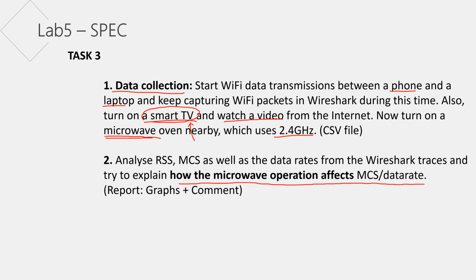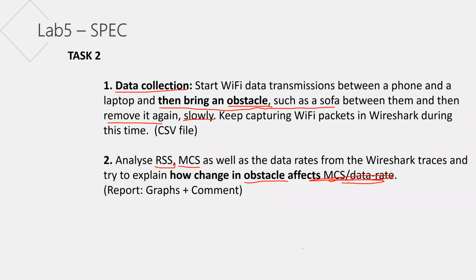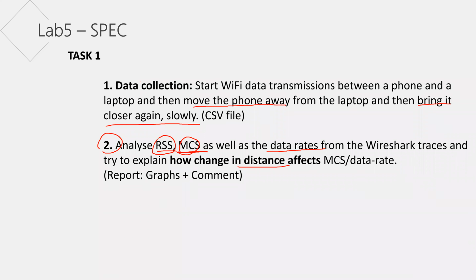Here is a question. Are we moving away from and towards the laptop for task 3 as well? No, I don't think so. We are not required to move around in task 2 and task 3. You can see the difference between these 3 tasks is that they require us to analyze different situations.